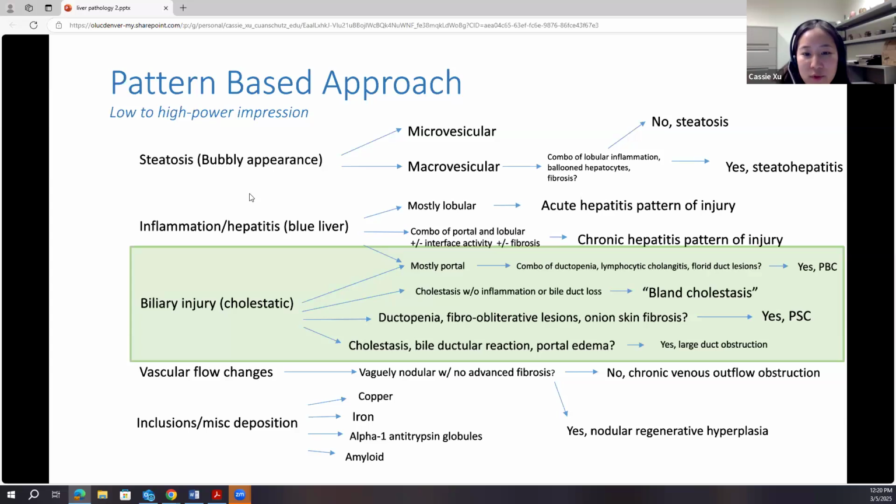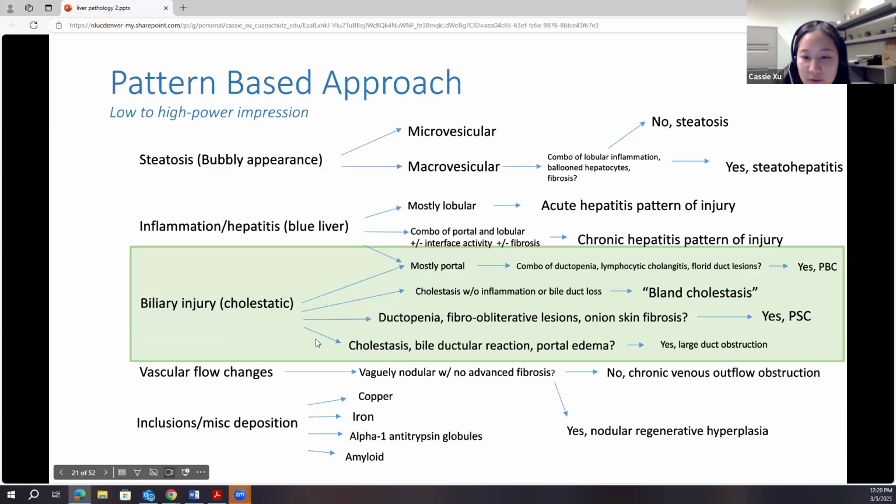So when I sort it into these five wastebasket categories, I start to look at higher power and try to give a more specific pattern. For example, for steatosis, I'm evaluating if it's microvesicular steatosis predominant or macrovesicular steatosis. And if it's macrovesicular steatosis, I'm looking for additional findings to maybe suggest steatohepatitis.